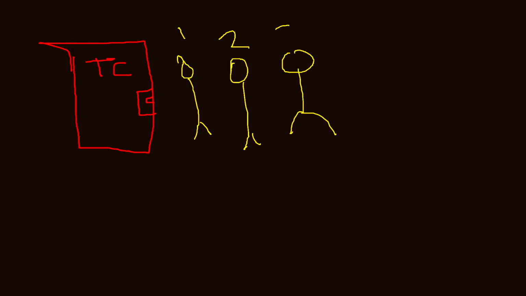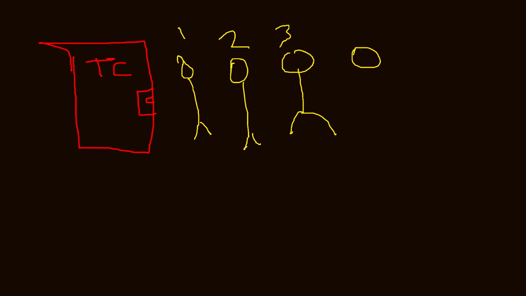How will they come? The first person will come here and stand in this queue. Similarly, the second person will come and stand just after person one. Person three will follow person two.